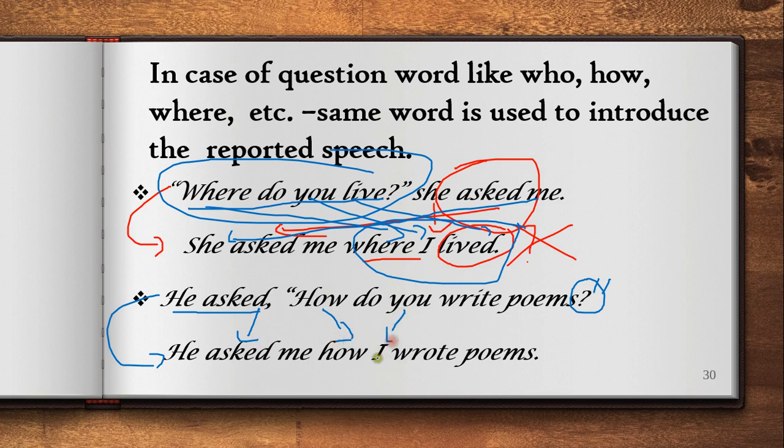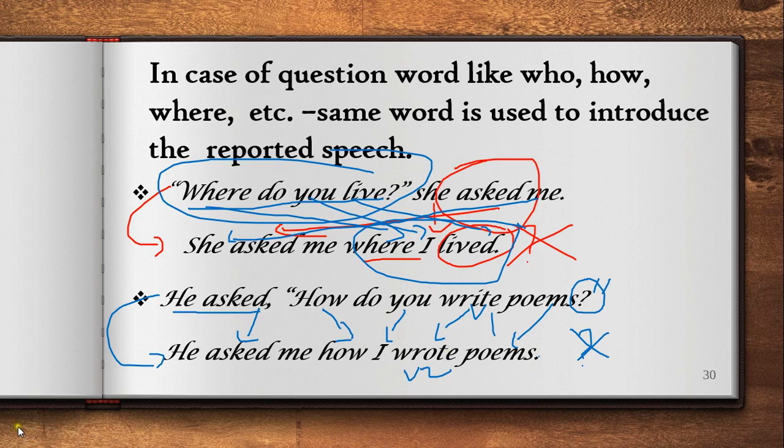You becomes I, write becomes wrote. This is verb 2. Poems. No more question mark. Look at the difference, guys. How I wrote poems.